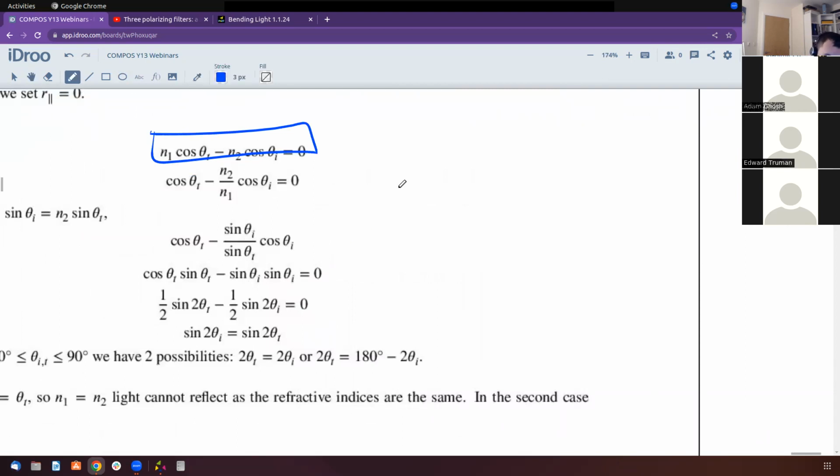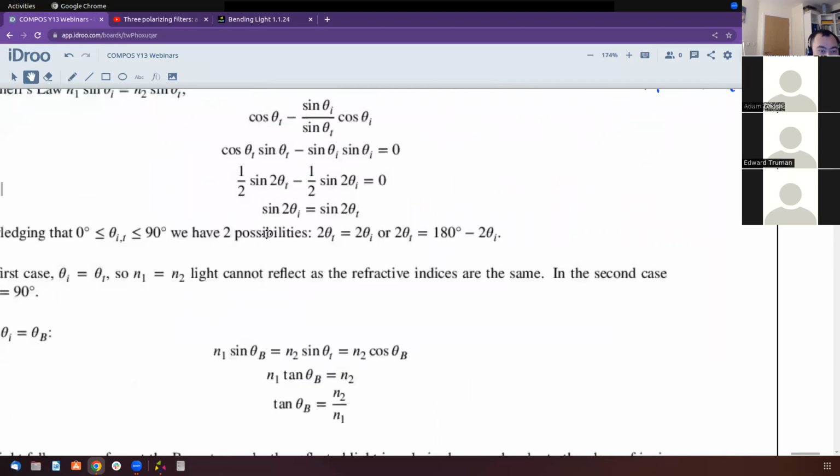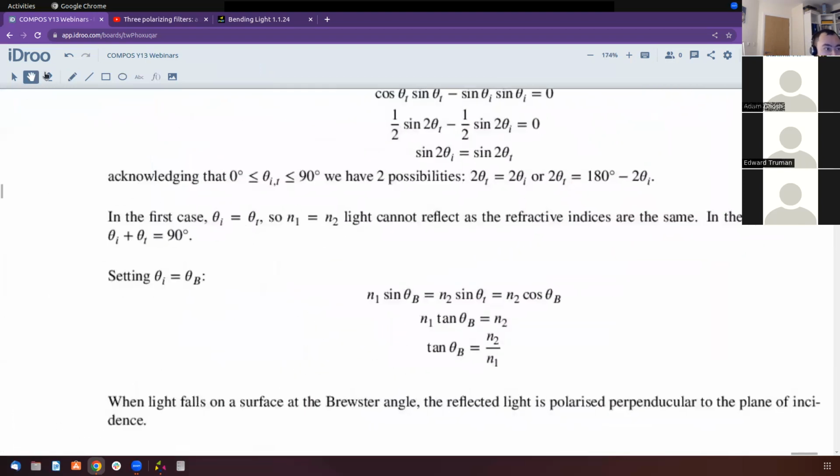Then you use Snell's law, that n2 over n1 is equal to sine theta I over sine theta t, theta refracted, and then you are left with this. Basically, tangent of the Brewster angle is n2 over n1.